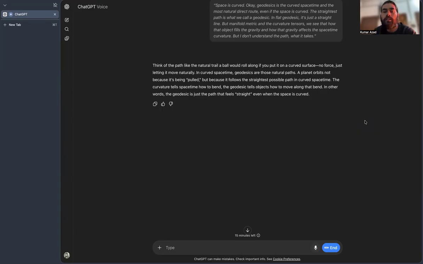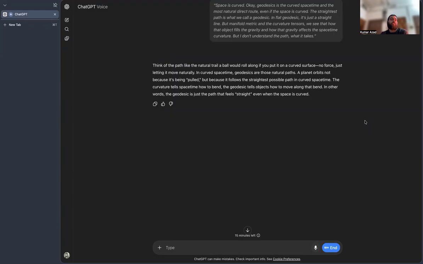So what you are suggesting is that on a curved surface, with no force, things just move naturally in curved space-time. Geodesics are those natural paths; a planet orbits not because it's being pulled, but because it follows the straightest possible path in curved spacetime. That's a great intuition.